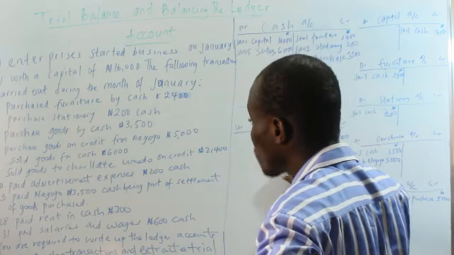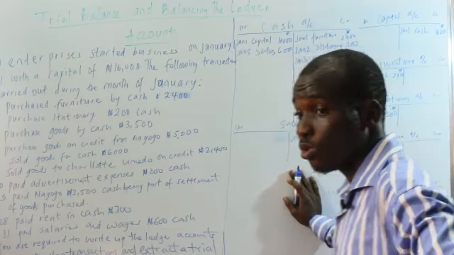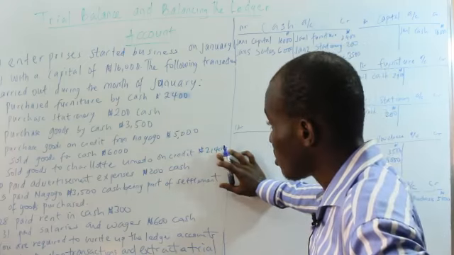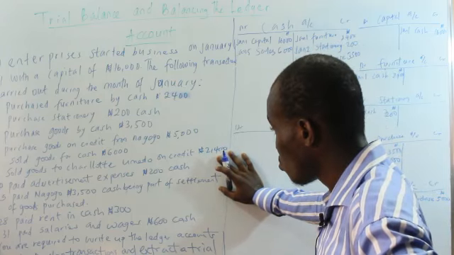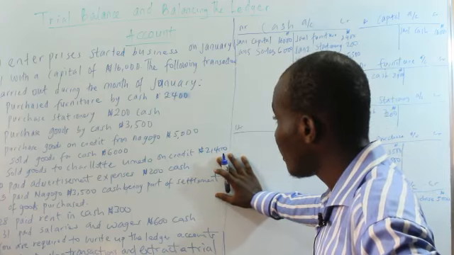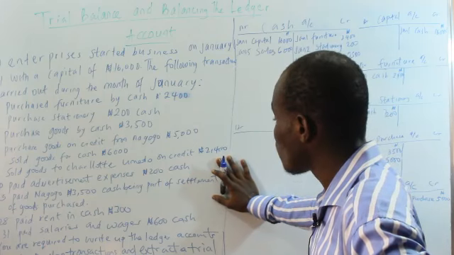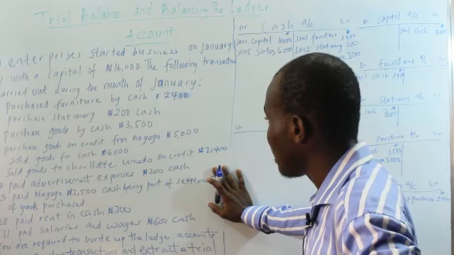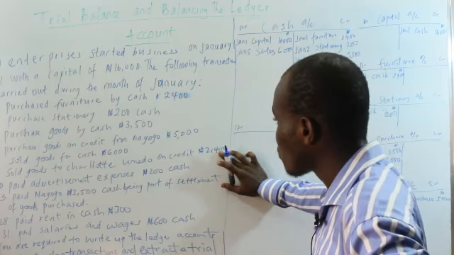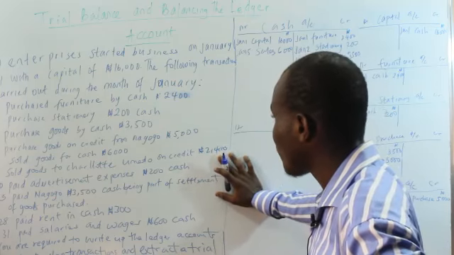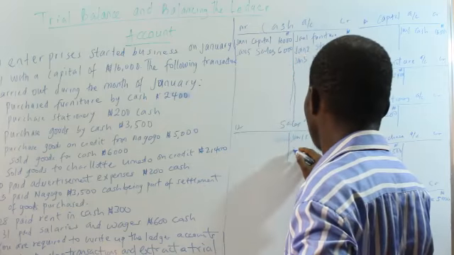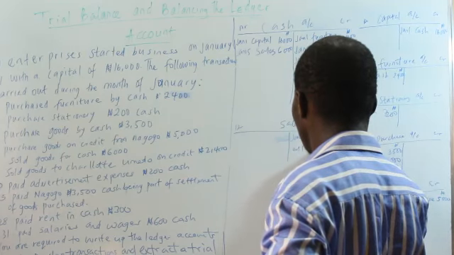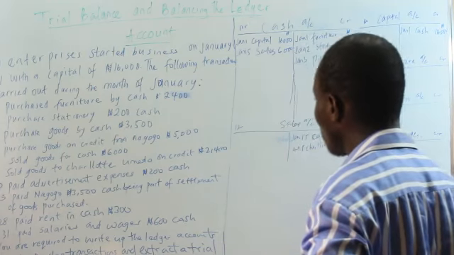So the next thing we have is sold goods to Charlotte Umedo on credit, 2,400. The first book of accounts we have to open is the sales day book in this transaction, but to avoid wasting time, since we have only a single good sold on credit, we can directly transfer this transaction to the ledger by debiting the account of this customer and crediting the sales account. So we have January 15, Charlotte.